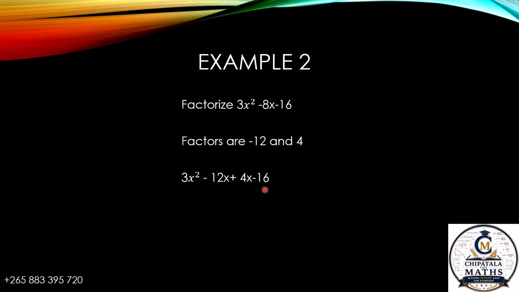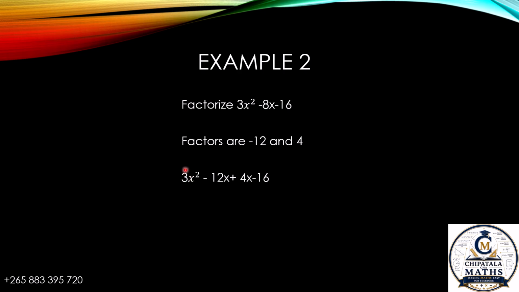So what we will do is find the common factor between these terms and the 12x, and we will do the same with these two numbers, 4x and 16. We'll find the common number which can go into this number as well without leaving a remainder.